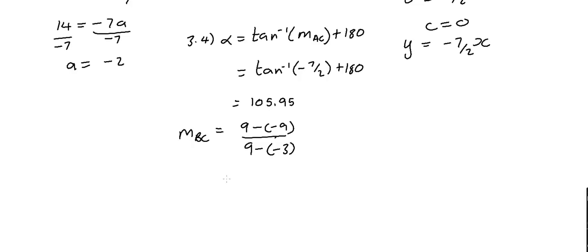And this is 18/12. 6 goes 3 times into 18 and twice into 12, so this is going to be 3/2, a positive gradient as we expected. Now to find beta, it's just going to simply be arctan of 3/2, which in our case should give us 56.31.